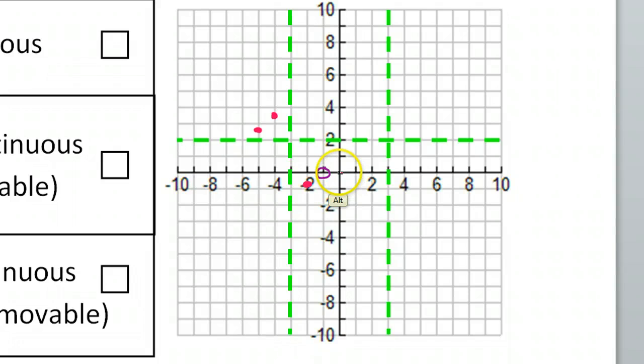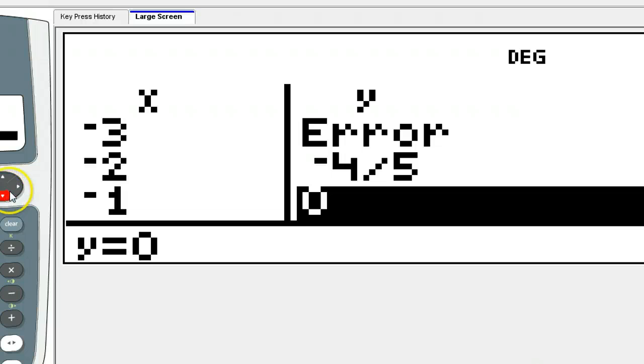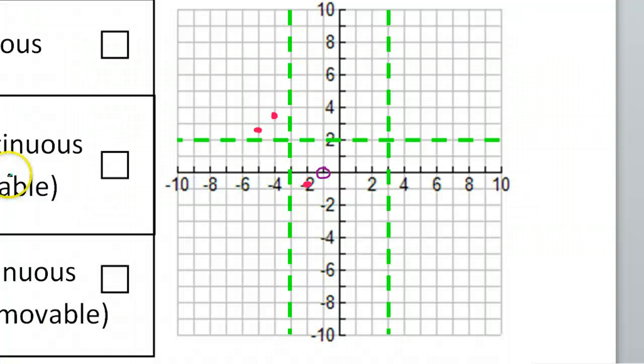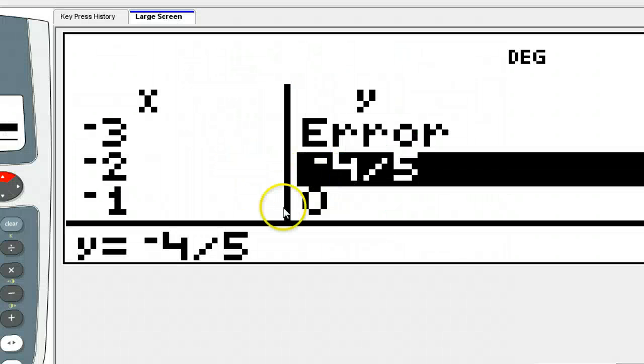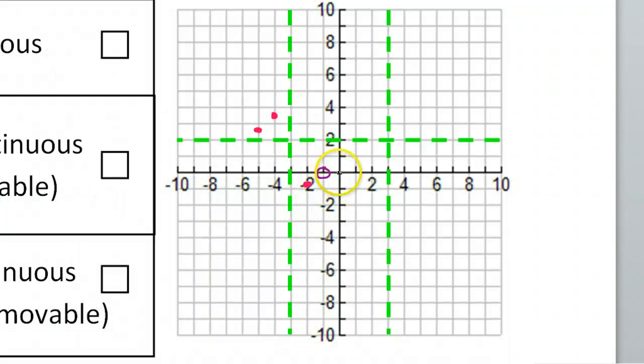What about 0? Hold on. At negative 1, I had 0. At 0, we have 0 also. Interesting. So it must be going up and then coming back down.